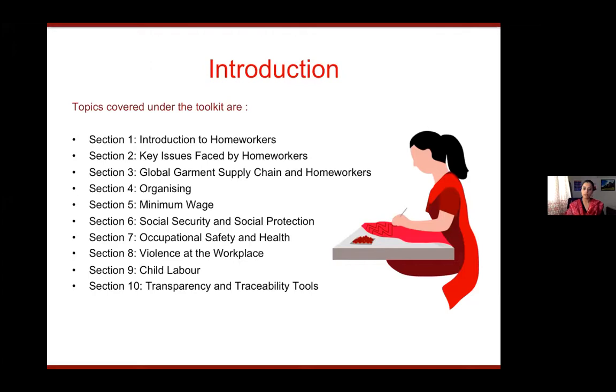The fourth is on organizing. The fifth on minimum wage. The sixth on social security and social protection. The seventh on occupational safety and health. The eighth is on violence at the workplace. The ninth on child labor. And the last chapter is on transparency and traceability.